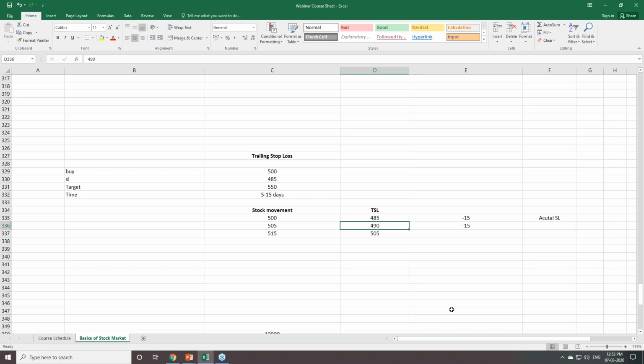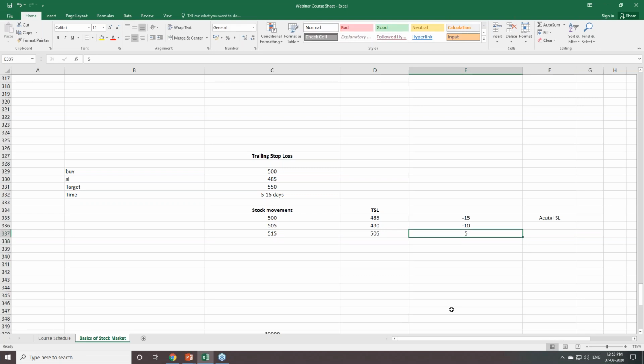That means my cost is 500, and I have revised the stop loss upward because the stock has moved up. Now my stop loss is 505, which means I am in 5 rupees profit.